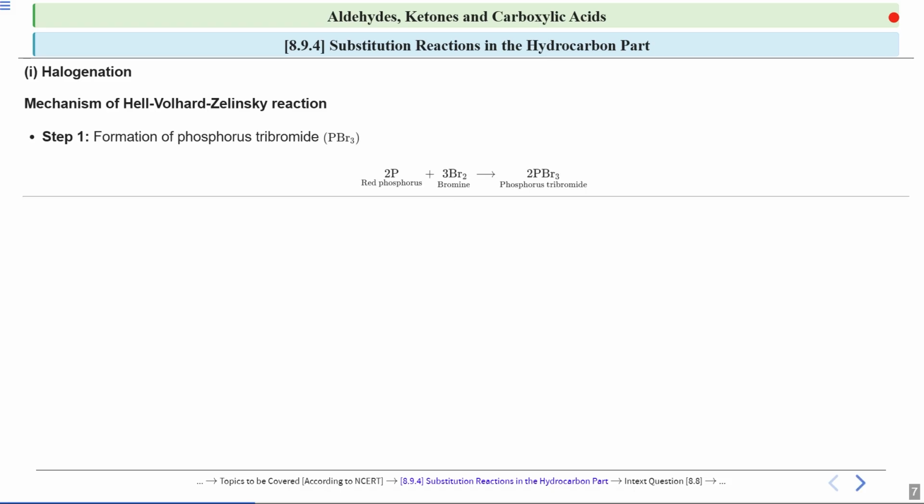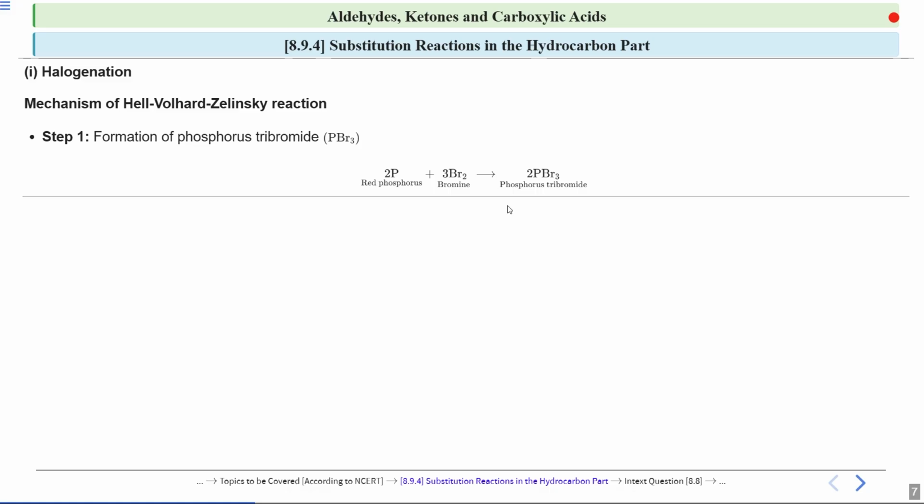In step 1, phosphorus reacts with bromine to form phosphorus tribromide, or PBr3. In the equation, you have 2P, that is red phosphorus, where P means phosphorus. When it combines with Br2, which is bromine, you get phosphorus tribromide, PBr3.